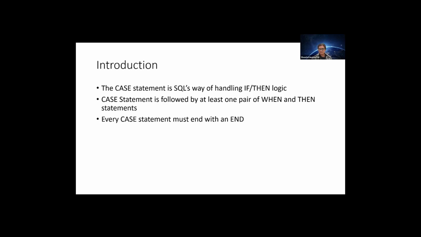That's how the database engine will know where to stop looking for the next WHEN. I have these three scenarios: when the first condition is met, do this; when the second condition is met, do this; when the third condition is met, do this. And if none of the above are met, just return something default, and END. That's how you come out of that if-then logic. All right, any questions so far?